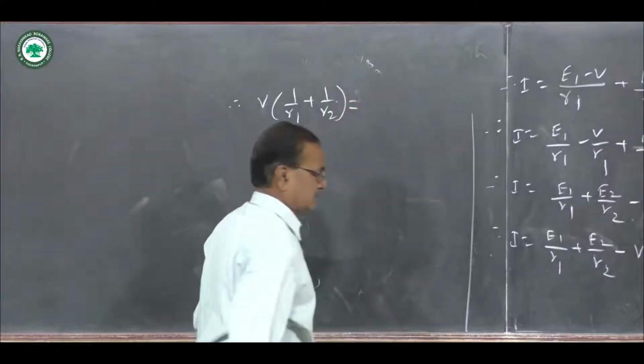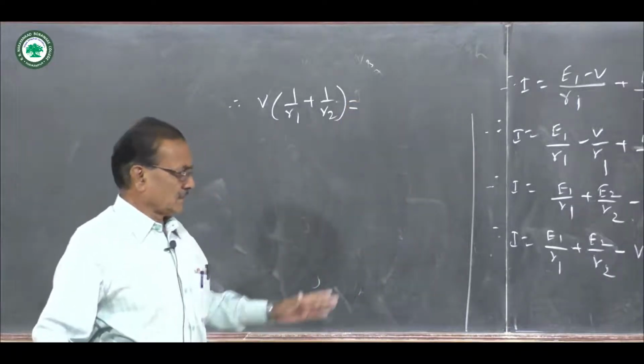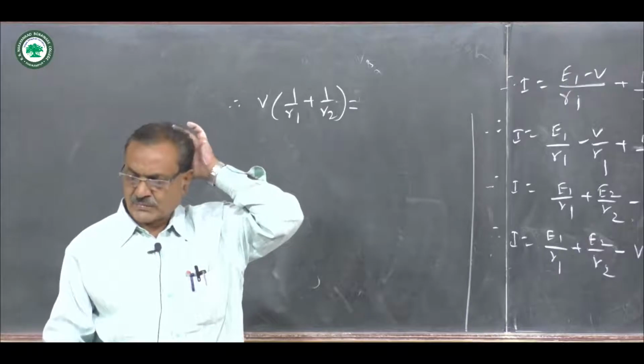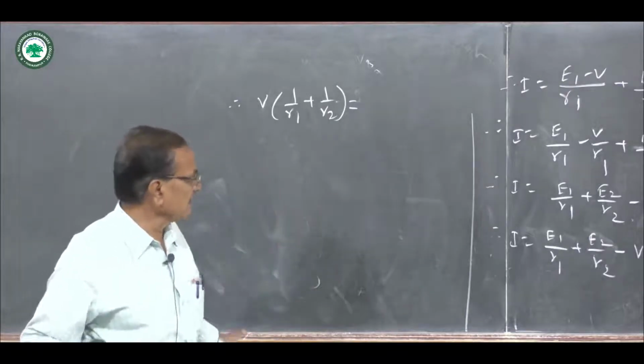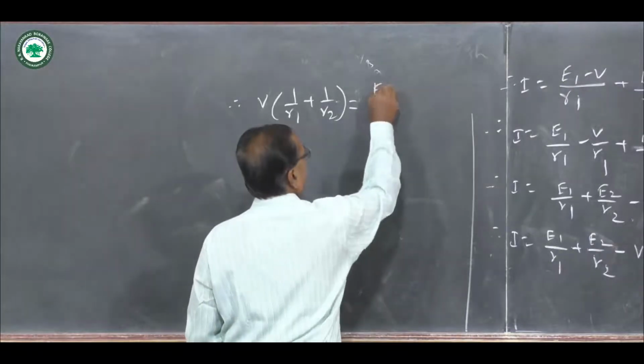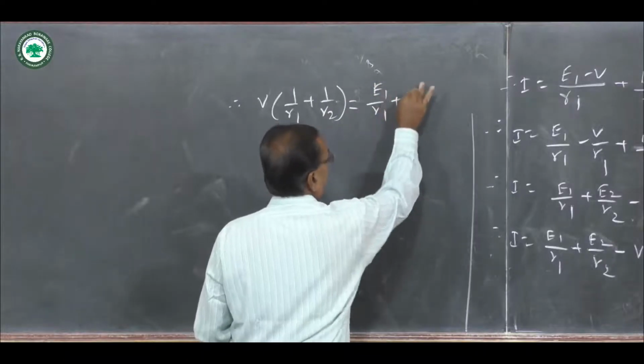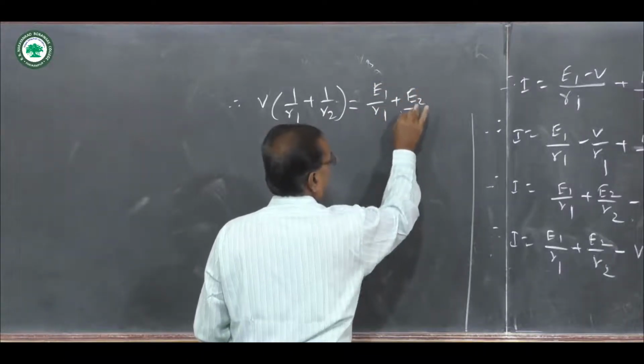is equal to, the minus sign will become positive on the other side, so E1 by R1 plus E2 by R2.